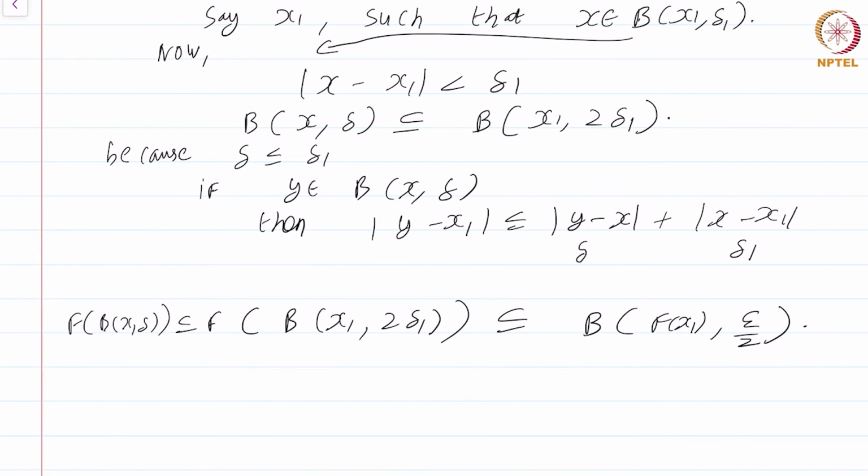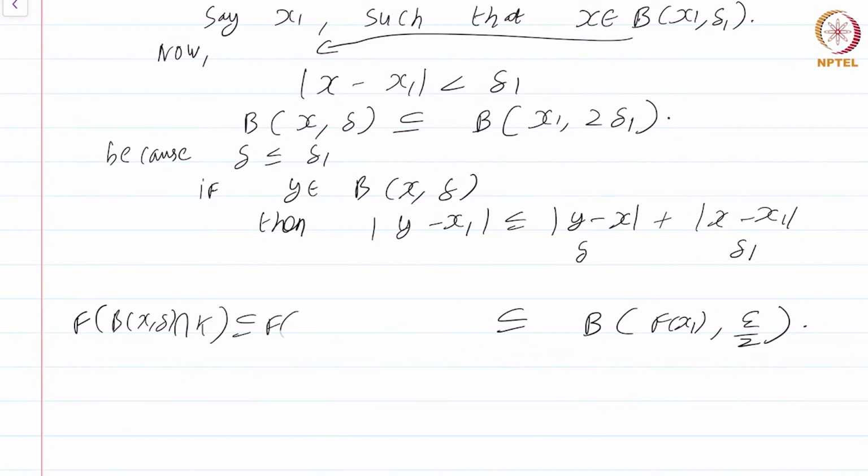Okay. To be ultra accurate, I must again make this minor change: f of B(x, delta) intersect K is a subset of f of B(x1, 2 delta 1) intersect K, which is contained in B(f(x1), epsilon by 2).